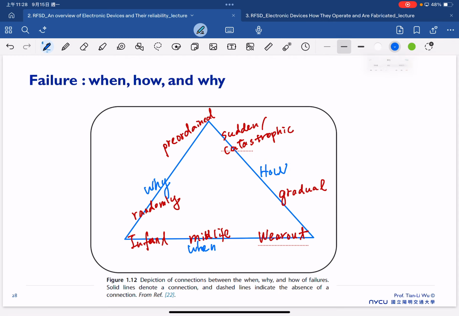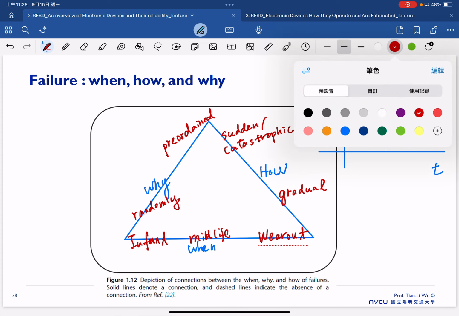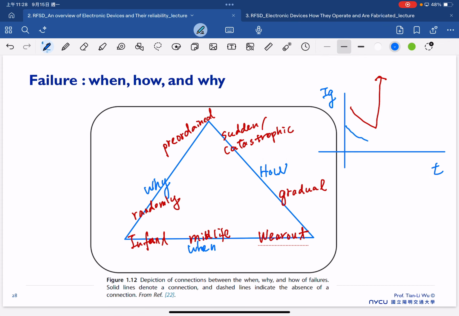Let me illustrate a little bit more the difference between sudden and gradual. In the case of TDDB of a dielectric, we often see two different kinds of curve. One is like this one, and another one is like this, so this is a very common example.